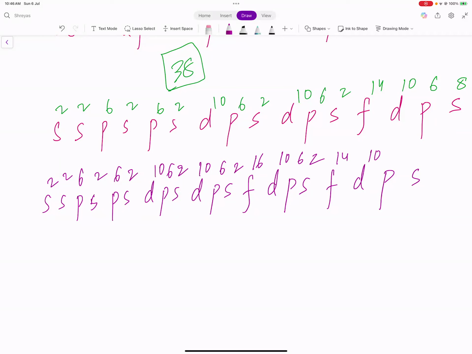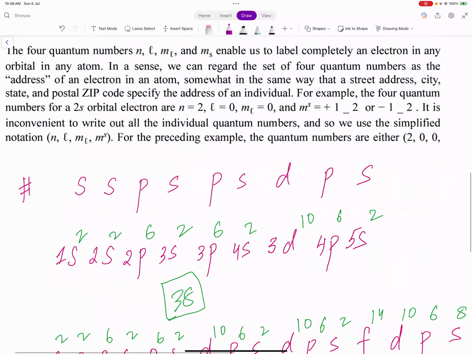I don't think so, there are not that many elements. So you can write the electronic configuration of so many things.